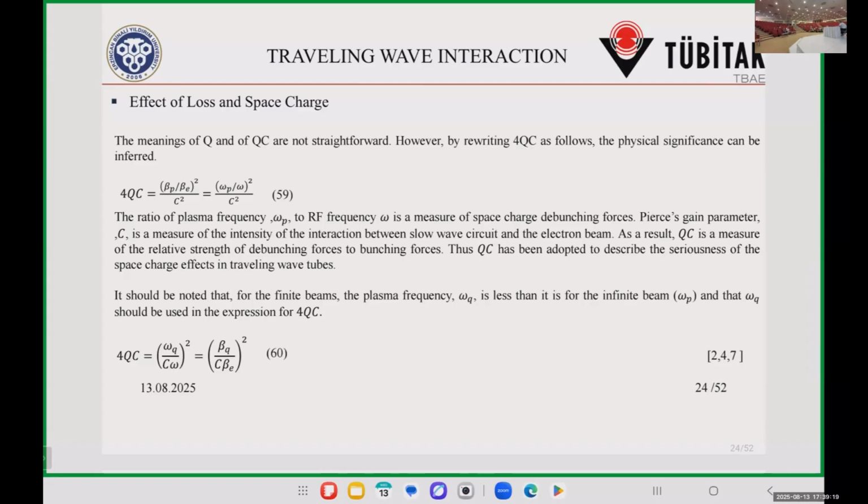Here we can say the ratio of plasma frequency omega p to RF frequency omega is a measure of space charge debunching forces.